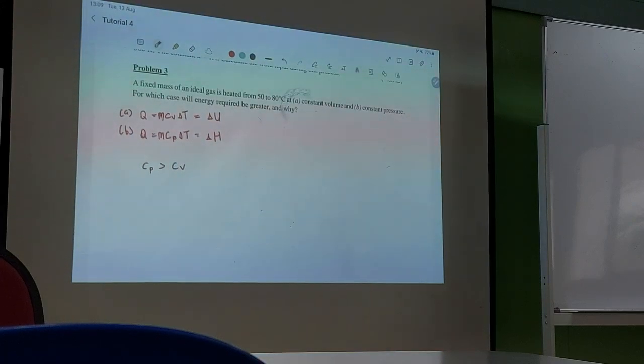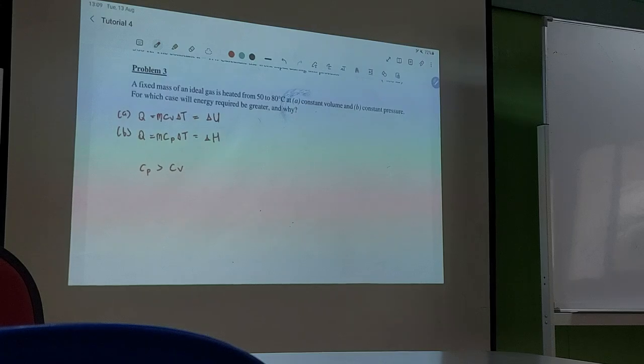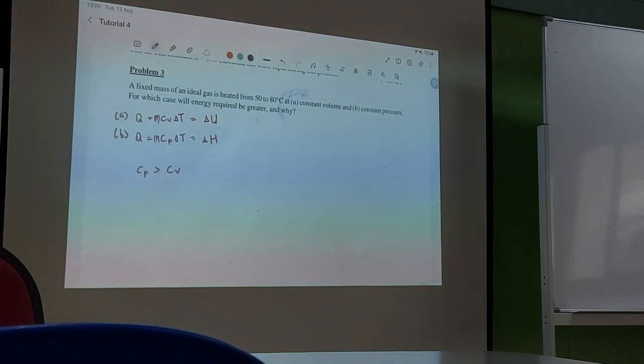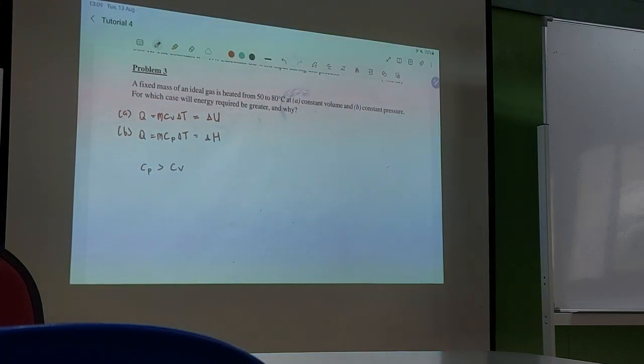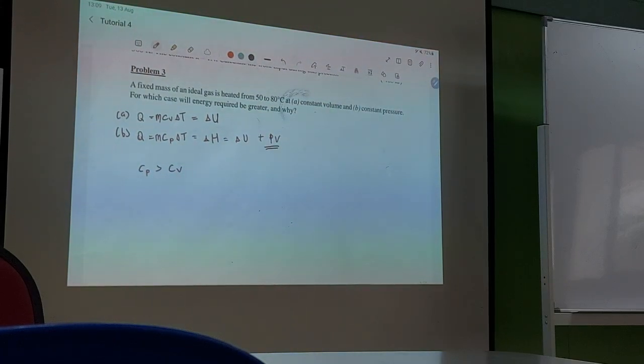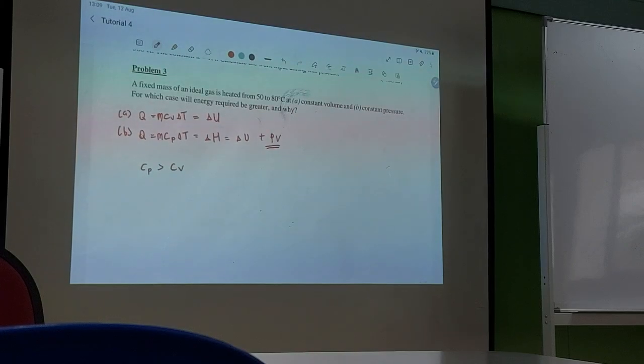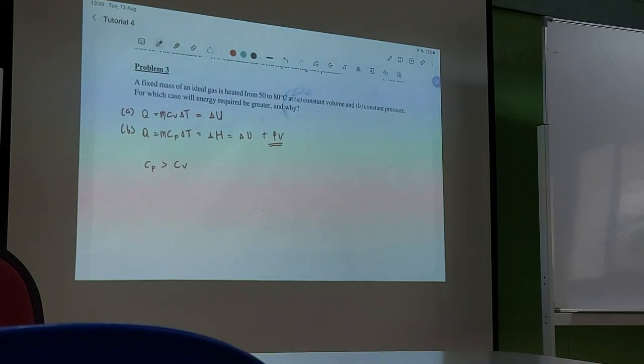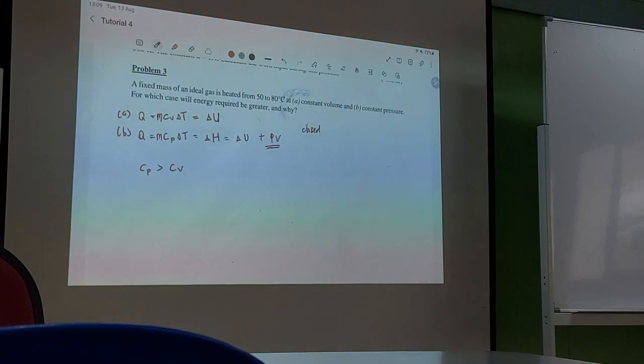But of course, if we look at it in more theory terms, the real reason would be this. We also know that enthalpy is U plus PV, so here we have this extra term. Let's say we are looking at a closed system.